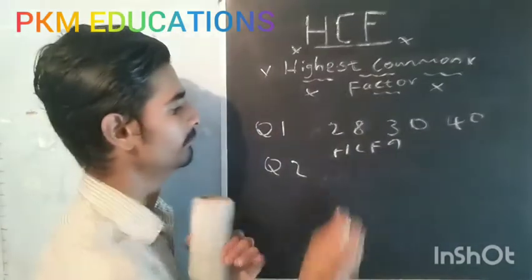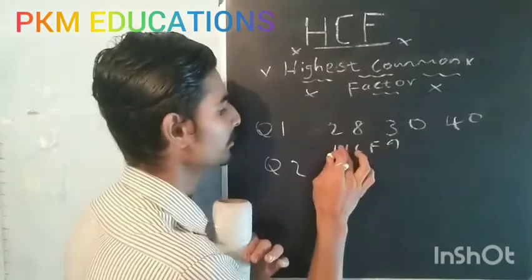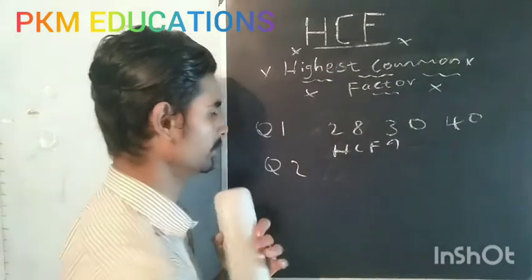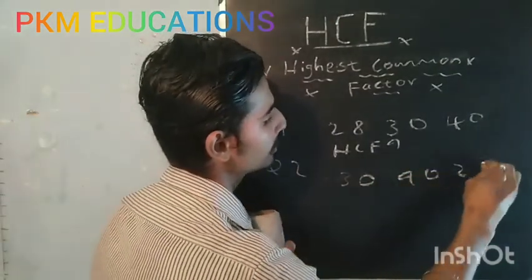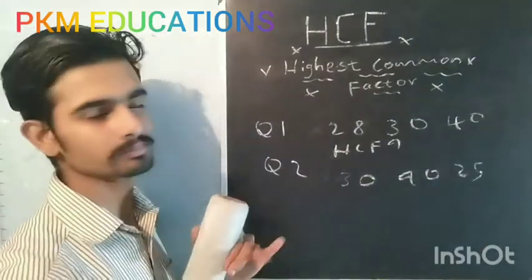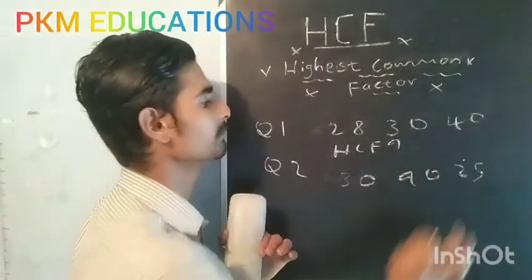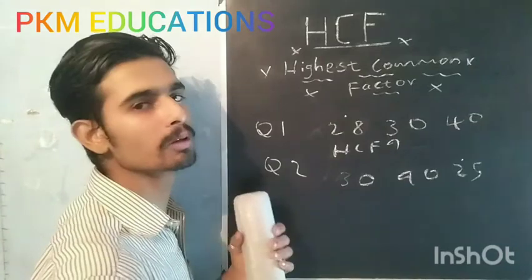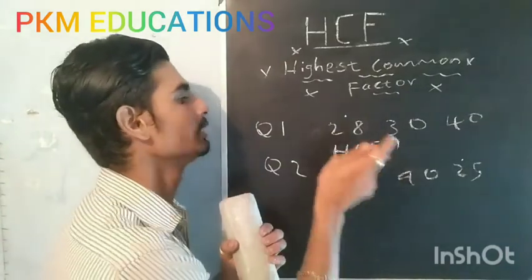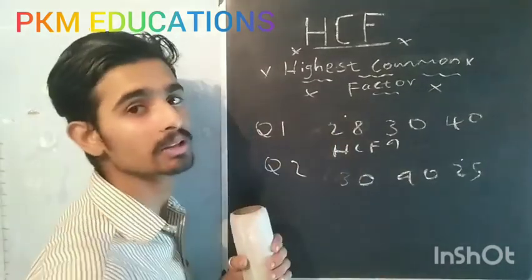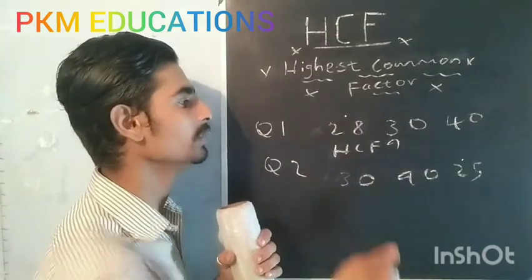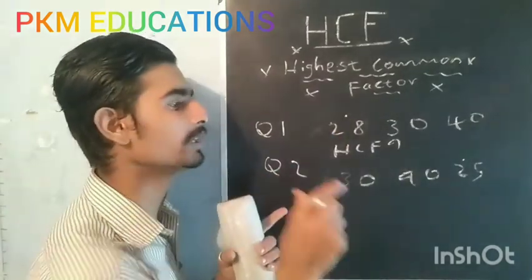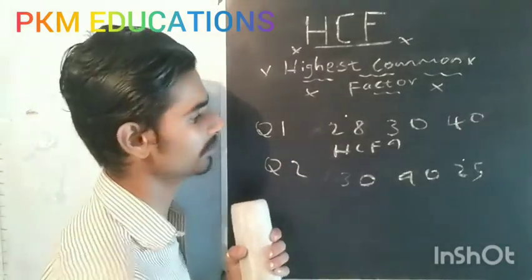You want to find it using the shortcut method. Don't use your old method. 30, 90, 25. You want to take the smallest number and check. If not, you want to take the factors of the smallest number, then check. If the nearest factor is divisible, you can take that as the HCF.